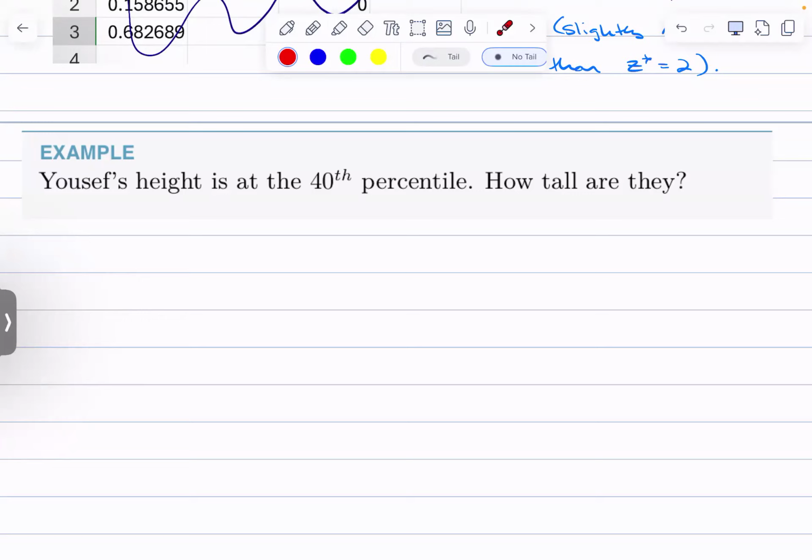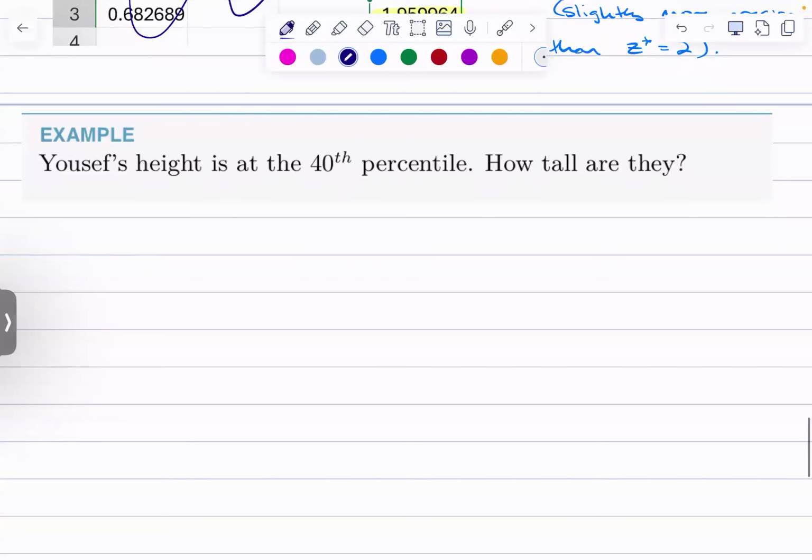If you can show me how you interpret the question, then I can follow along. So I encourage you to draw the picture. Well, it looks like this.